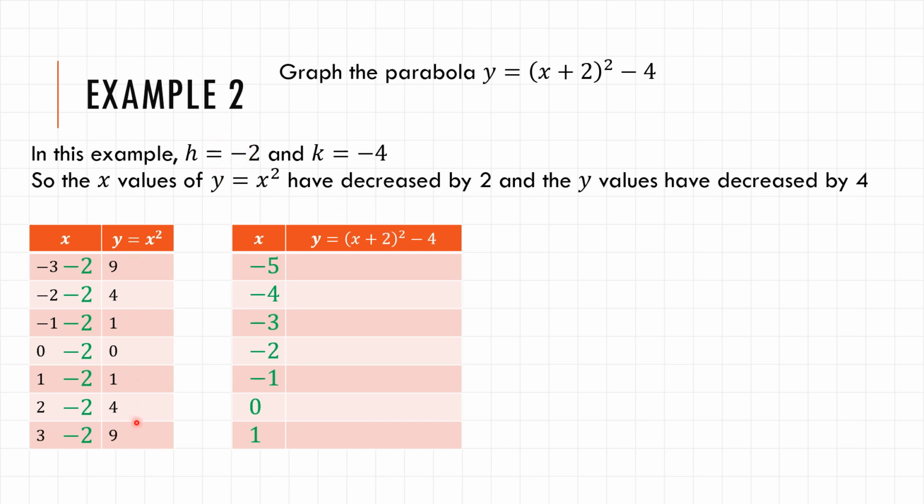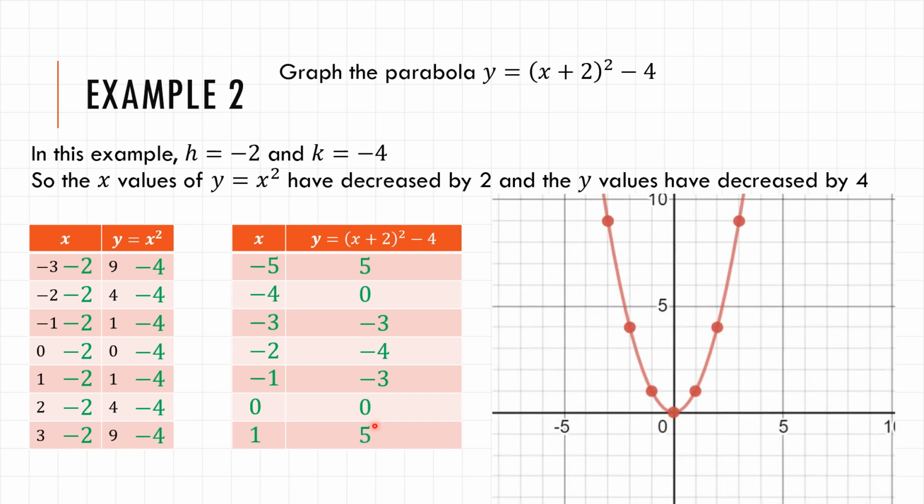For the y coordinates, all of those have decreased by 4, so I can take all of these and subtract 4 from them. 9 minus 4 is 5. 4 minus 4, 0. 1 minus 4, -3, and so on and so forth for every single y coordinate.